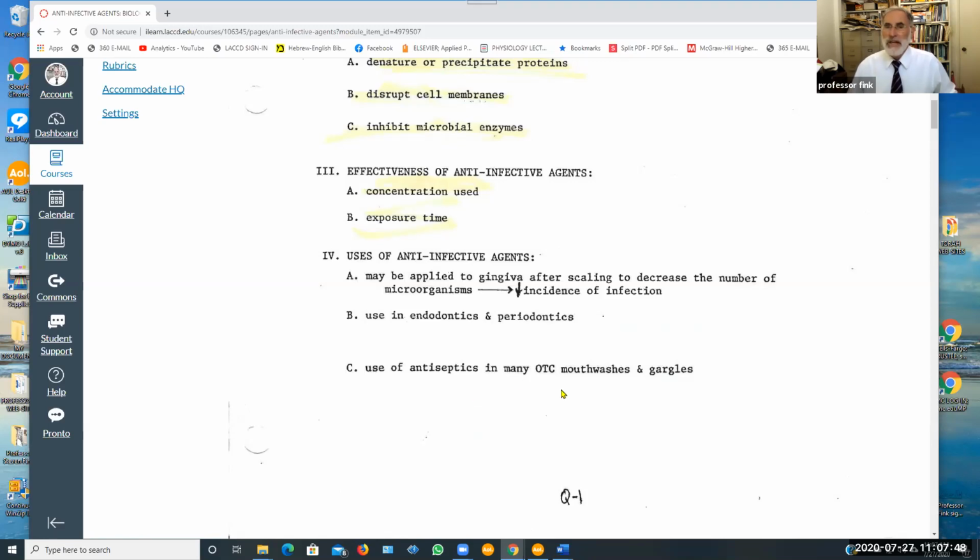And they are, of course, used in many OTC, over-the-counter mouthwashes and gargles to reduce microorganisms. And in fact, currently right now, under COVID-19 conditions, when many patients go into the dental office, they may ask them to use an oral rinse, and we'll get to those, but they are most commonly either hydrogen peroxide or povidone iodine.